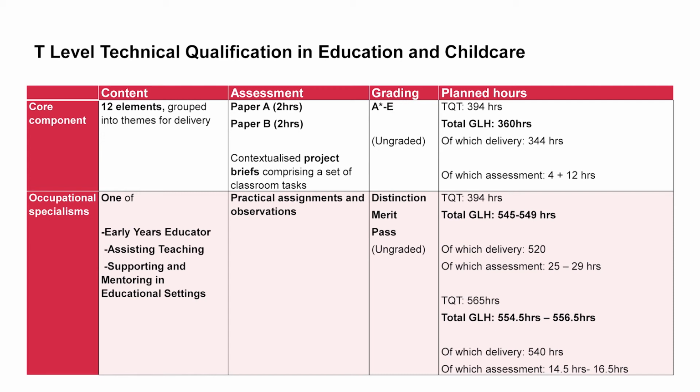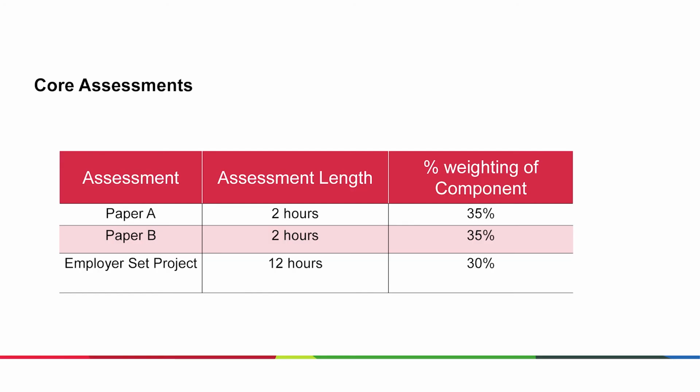Before we start looking at the occupational specialisms, let's just take a look at the next slide. Okay, so here we have a summary of the duration and the weightings of the assessment for the core. So paper A, 2 hours, looking at those elements 1 to 6 from the specification, and paper B, again 2 hours, but this time looking at elements 7 to 12.